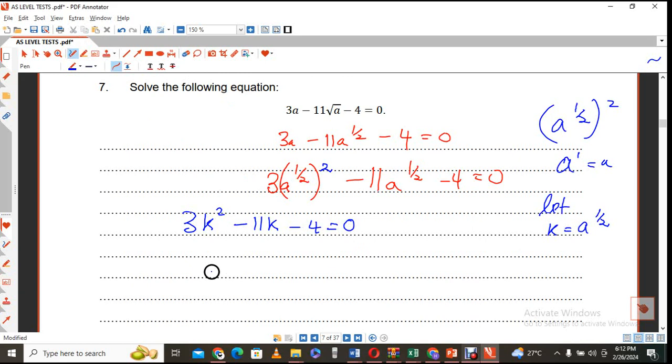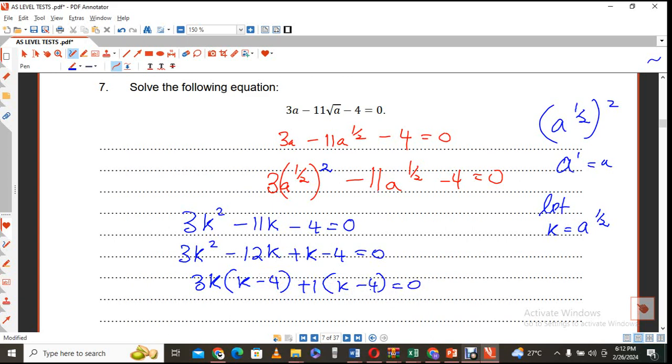You can solve this equation by means of factoring. Of course, you will have 3k squared minus 12k plus k minus 4 equals 0, because I know the numbers are negative 12 and 1. So we have 3k(k minus 4) plus 1(k minus 4).